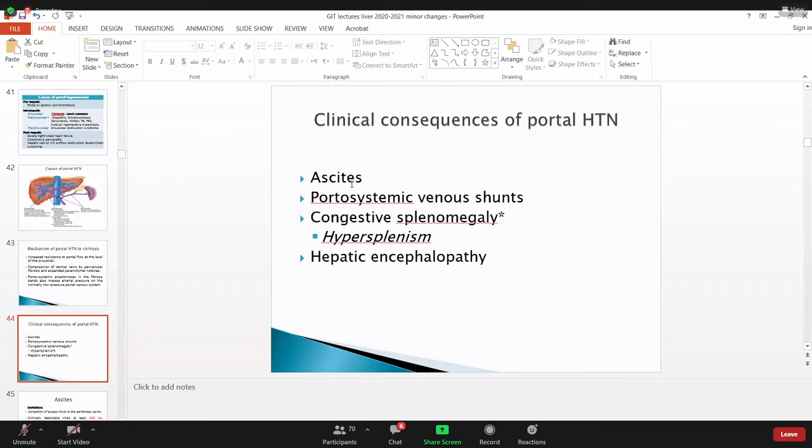Hypersplenism: بصير الspleen يعمل destruction of the blood cells، فبصير عندهم pancytopenia اللي هو إما مثلاً anemia, cytopenia زي white blood cells بينزلوا بيقلوا، بنسميها hypersplenism. And hepatic encephalopathy due to hyperammonemia affecting the central nervous system.